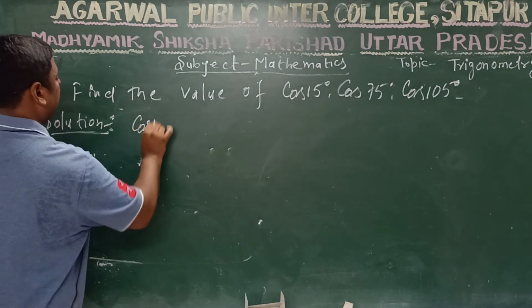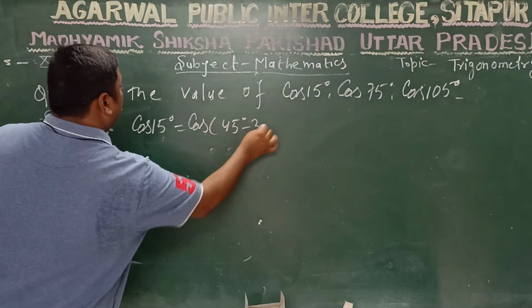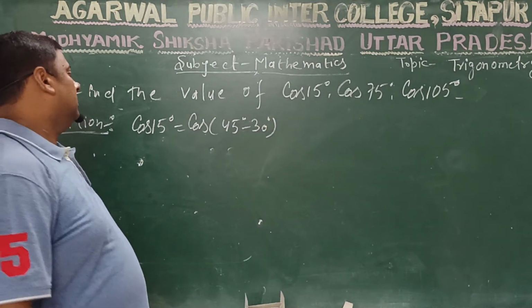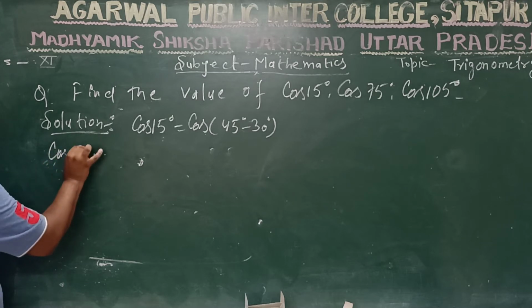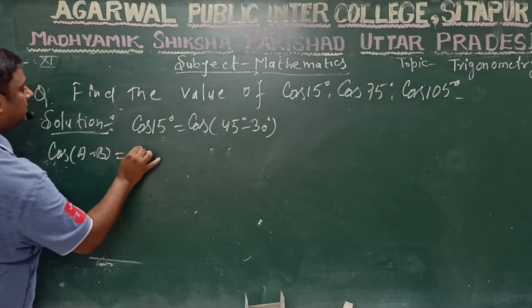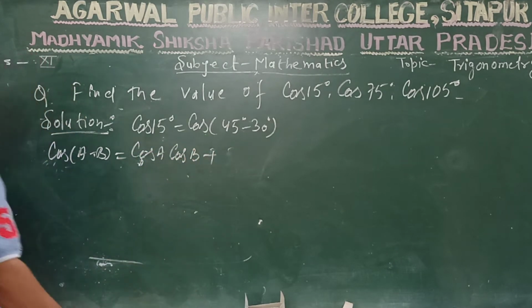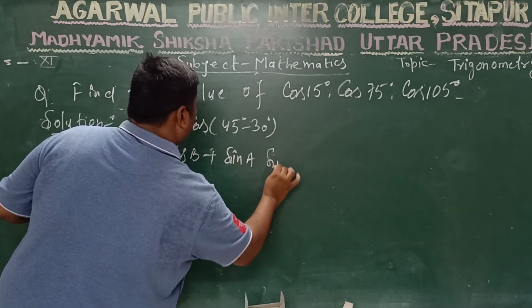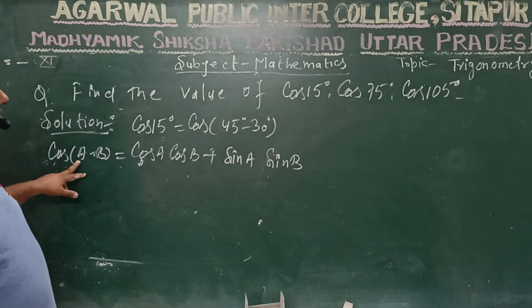Cos 15 degree. Here it is cos 45 minus 30. Okay. Now we are using the cos A minus B formula, and this is cos A cos B plus sin A sin B. Here what is the value of A?